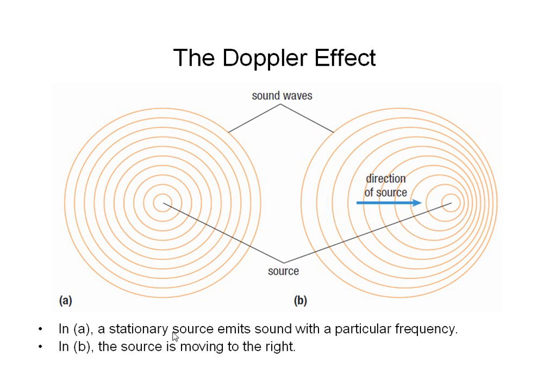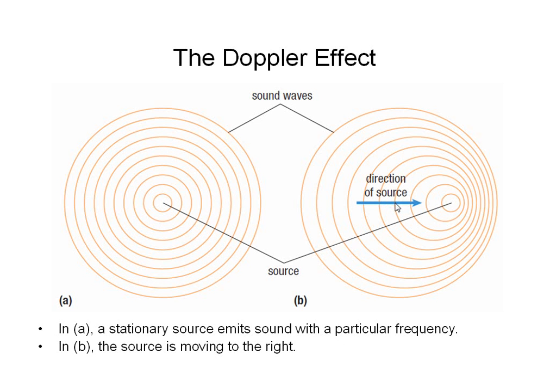Okay, so let's read these words. In A, a stationary source emits sound with a particular frequency. So what's a particular frequency? Or I say a particular wavelength. The frequency or the wavelength is the same everywhere. However, in B, the source is moving to the right. This is the direction of the source.